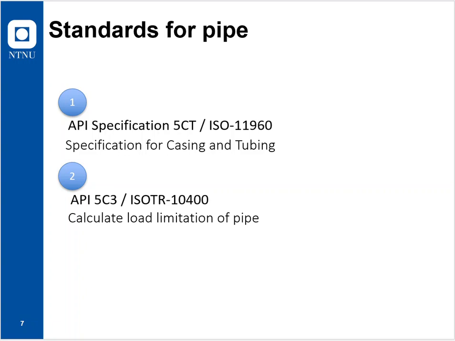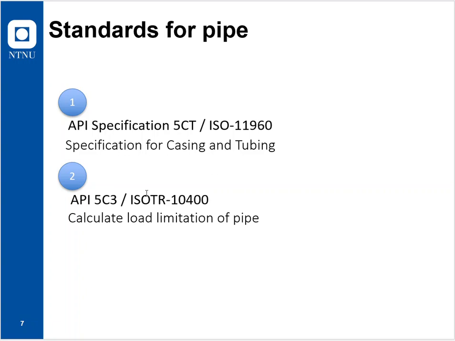Today we are going to just touch upon two standards and what is most important for what we have as a topic here, casing design. API specification 5CT or ISO 11960 would be specifications for casing and tubing, and that's their properties, how they are manufactured.